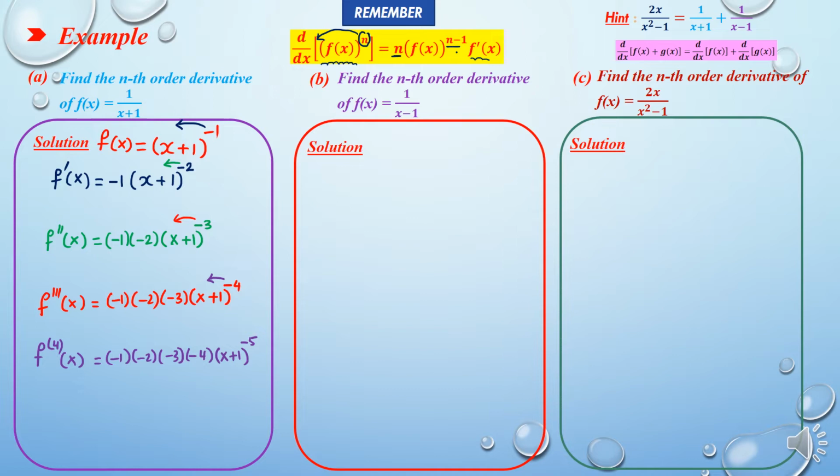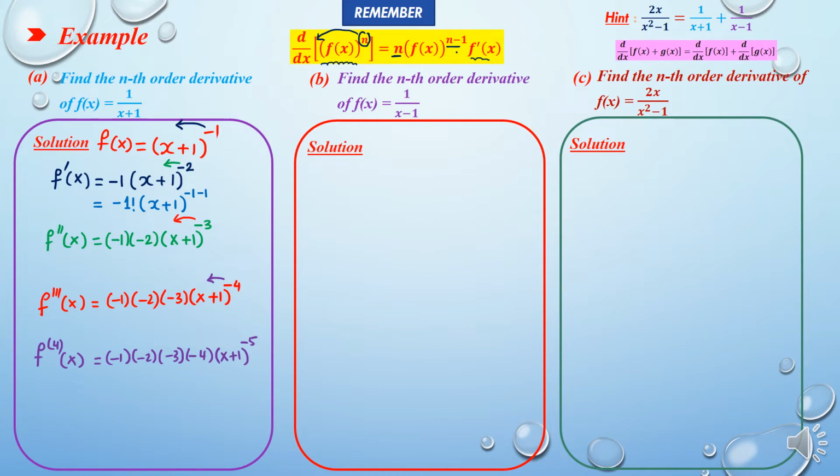So we found the first, second, third, and fourth derivative for the function. Now you have to see the pattern. For the first derivative, we can write it as negative 1 factorial multiplied by (x plus 1) raised to the power negative 1 minus 1.